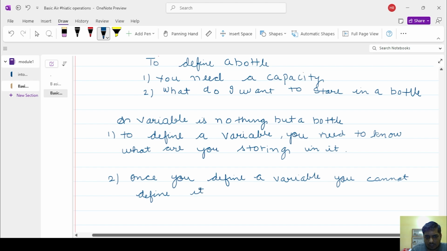Once you define the integer type variable a, you cannot define the integer type variable a again.